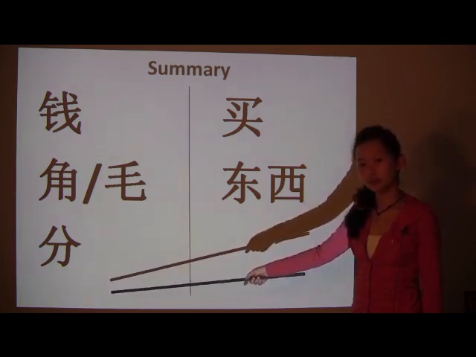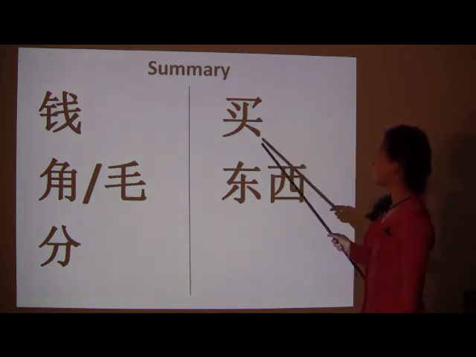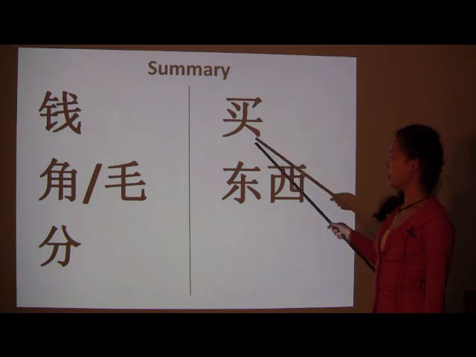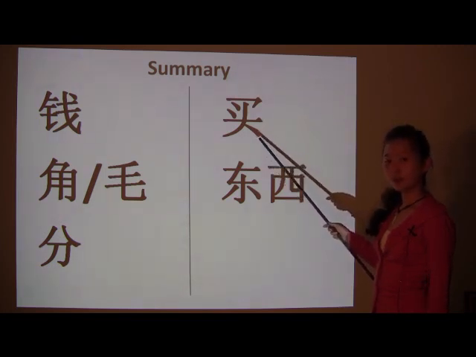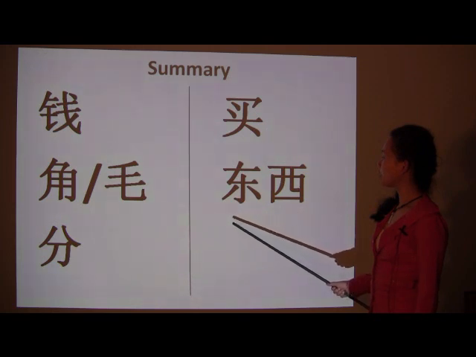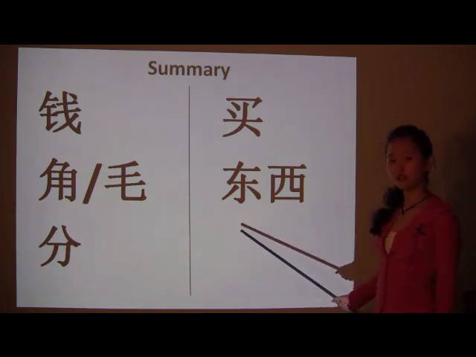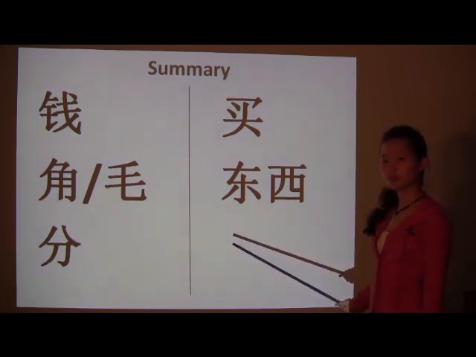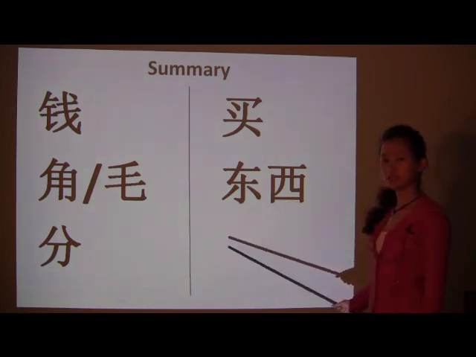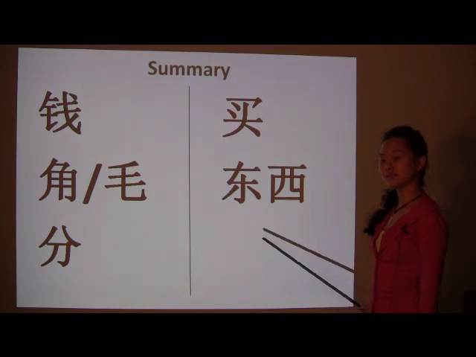And then to buy, you use money to buy things. So 买 to buy. And if you just are buying things in general and can't really come up with specifics, you say 东西 for stuff and things in general.